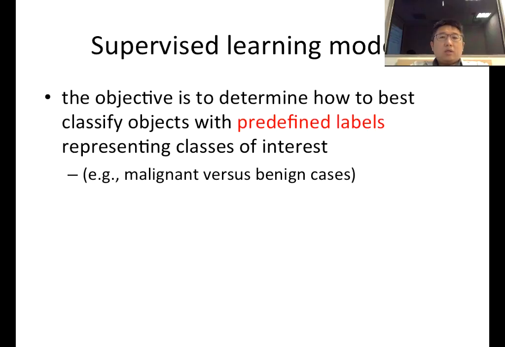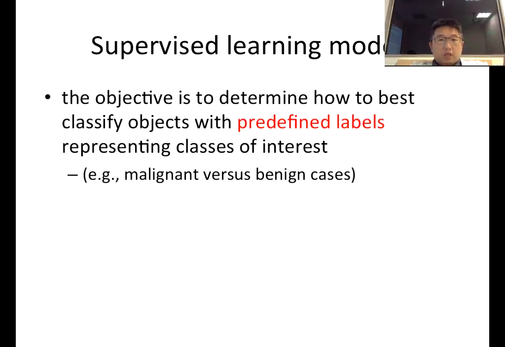You already have the idea. So you already define the malignant and benign. So the supervised learning model is saying that you already have some knowledge.